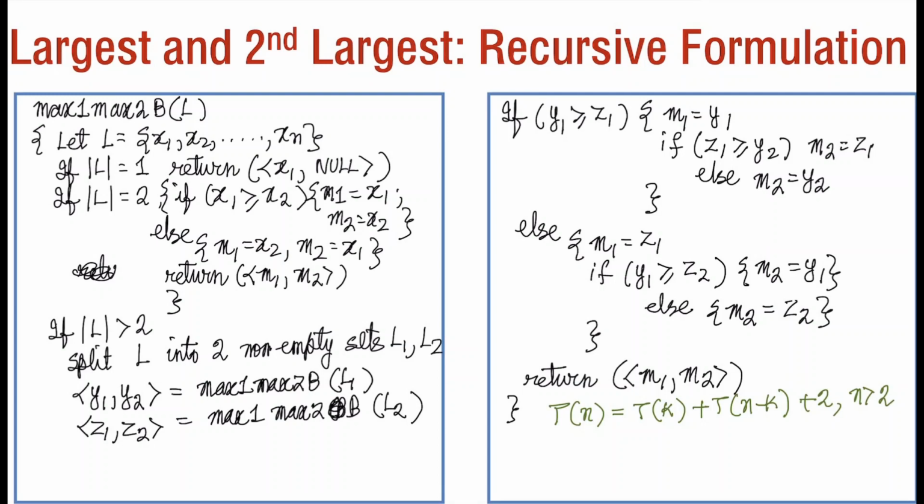As you can see, even though this whole sequence of post comparison is a long one, there are only two comparisons. Either you do this and this, or you do this and this. So there are these three comparisons, of which only two of them will actually happen, which is equal to 1 if n is equal to 2 and equal to 0 if n is equal to 1.